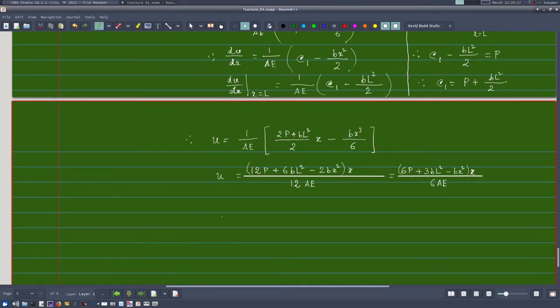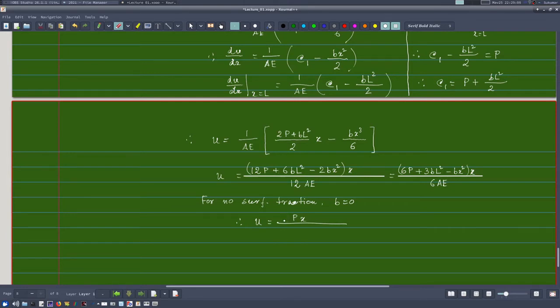If I put B equal to 0 here, then my U for no surface traction, B is equal to 0, in that case, I'll have U will be equal to 6P into X by 6AE.